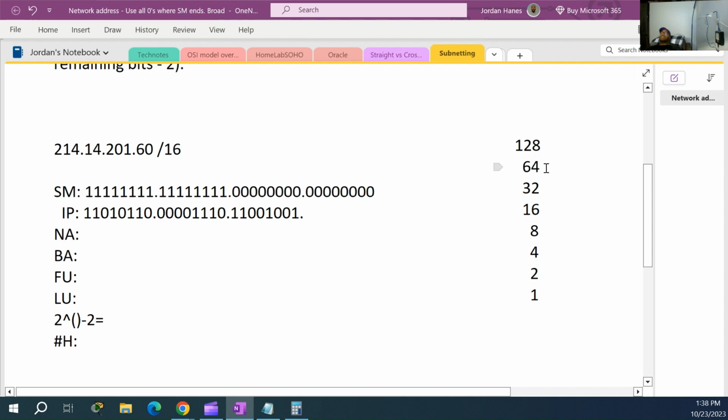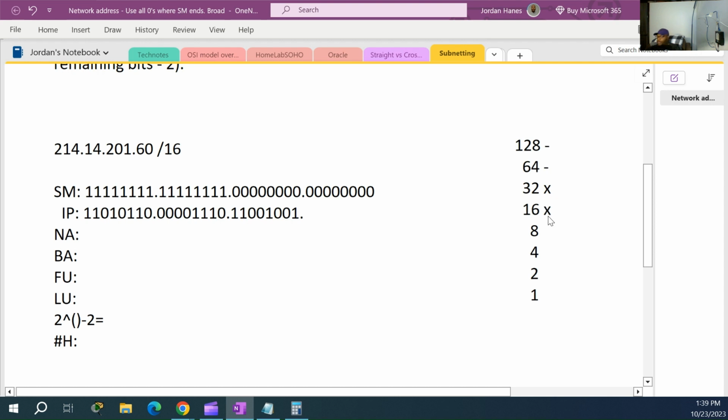So let's go ahead and do our 60. 128 is greater, so we can't use that one. 64 is greater, so we can't use that one. We'll use 32. And 32 plus 16 is 48.